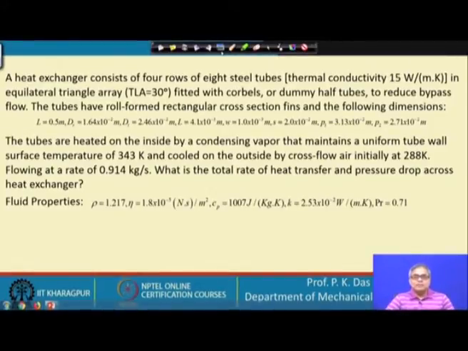So basically all the resistances are in series, but the resistance on the air side becomes the deciding factor.